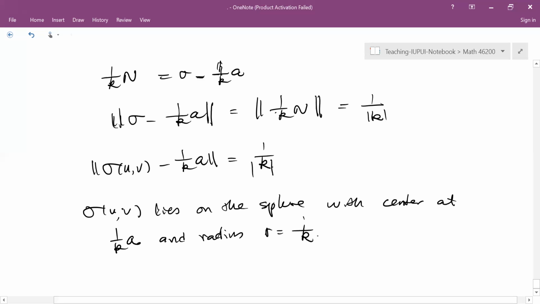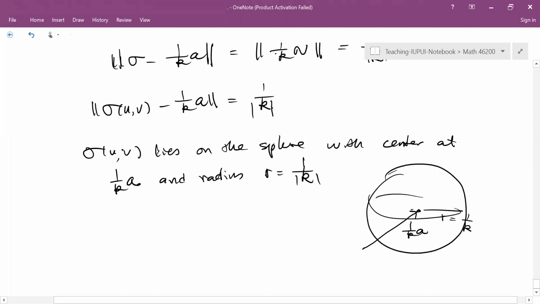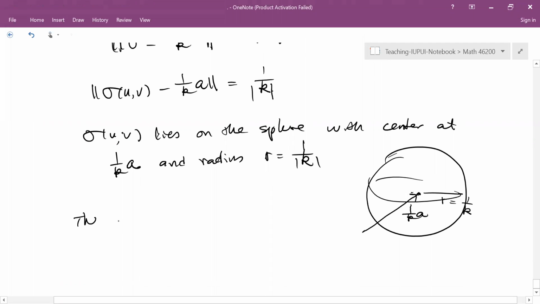So the surface is a portion of a sphere.